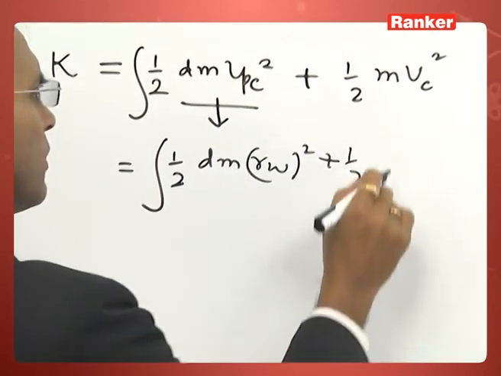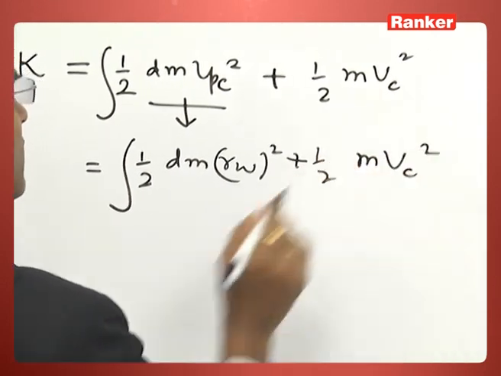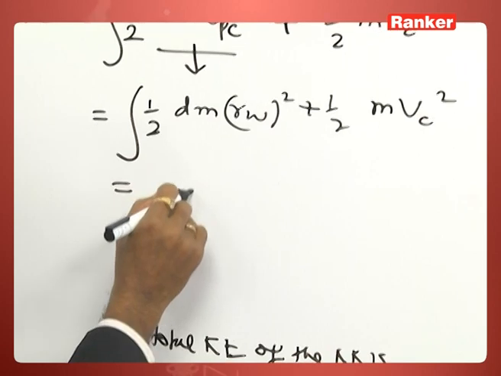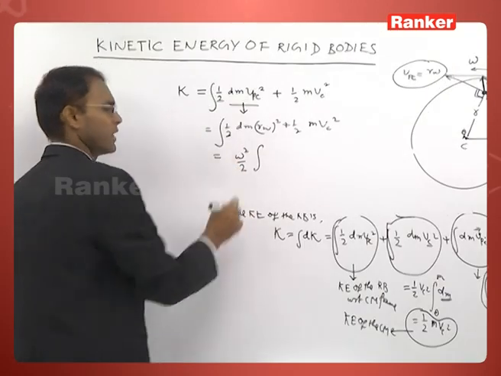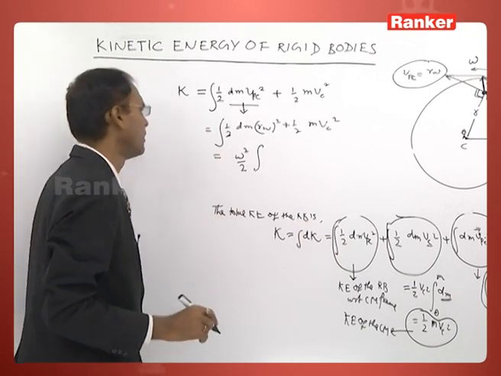Omega is a constant quantity, so you can take omega square by 2 out of the integral.